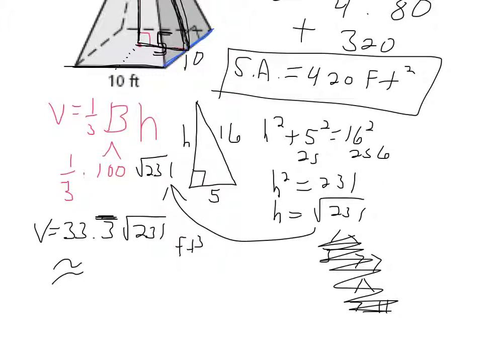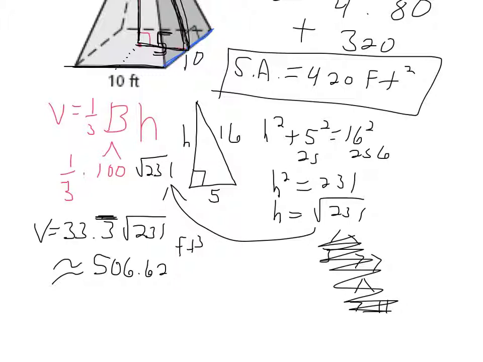It would definitely be wise here to also include an approximate answer where you would round, and if you type that in, you get 506.62.